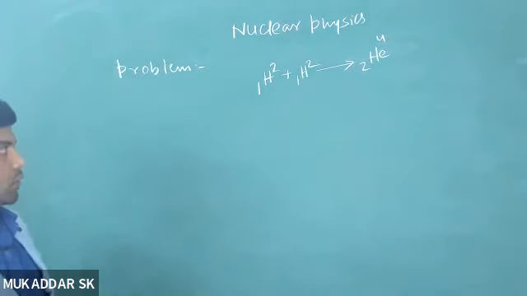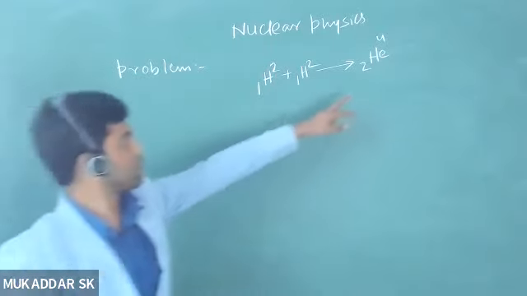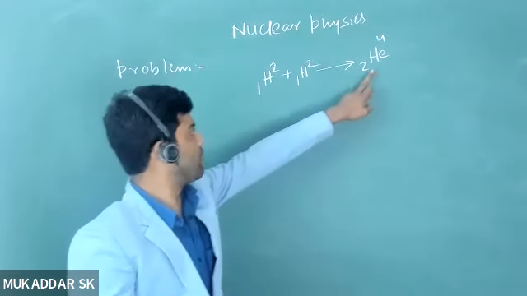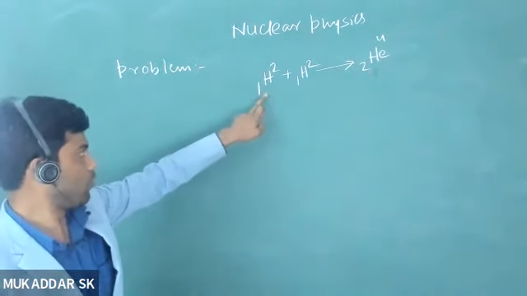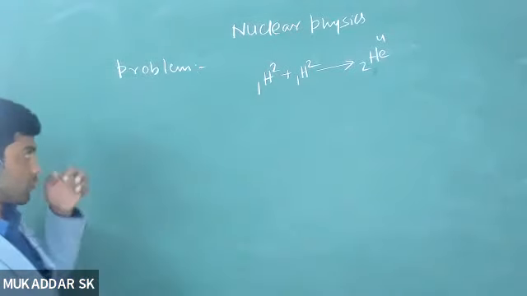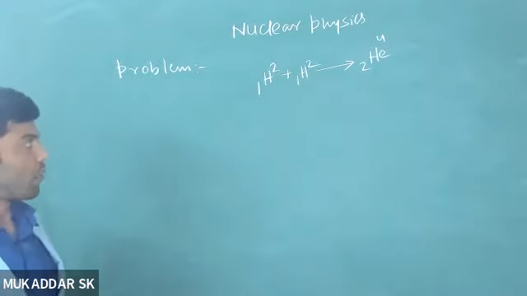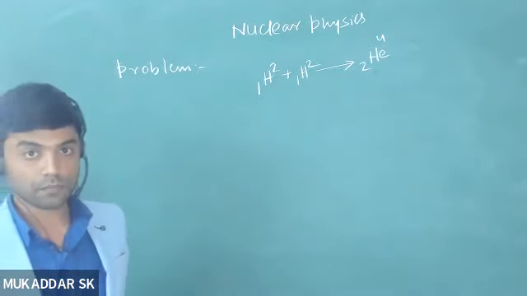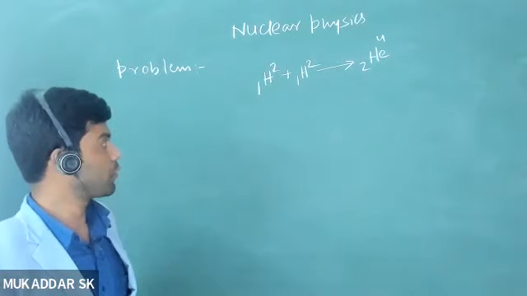Okay. So the constituents of helium is 2 deuterium, right? So 2 deuterium is combining and forming helium 2,4.